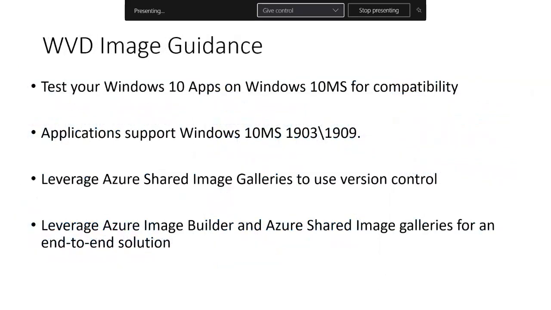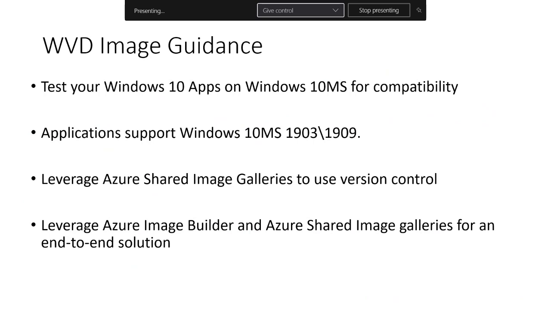Okay. Again, the usual rules apply because you're going to be using the Microsoft Windows 10 image on the cloud. The golden image is going to be based on that. So make sure that you test your applications and also try to leverage the Azure shared image galleries. Today Azure provides shared image galleries to maintain whatever images you are publishing.